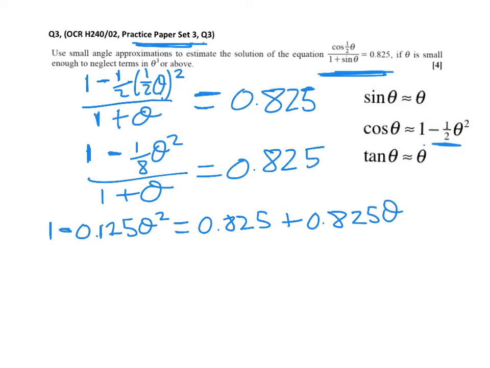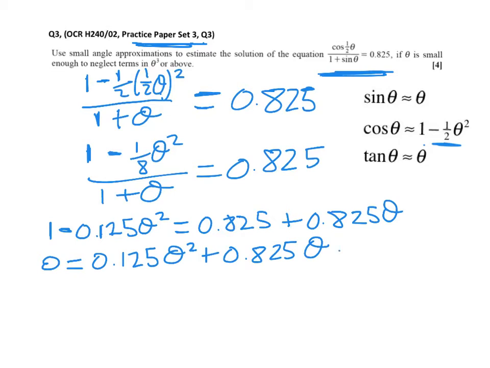And then I rearrange this. So I've got something with a positive lot of theta squared. So I'd have 0 equals 0.125 lots of theta squared plus 0.825 lots of theta. And then I've moved over the 1, so 0.825, so that's going to be minus 0.175. So we've got a quadratic equation.